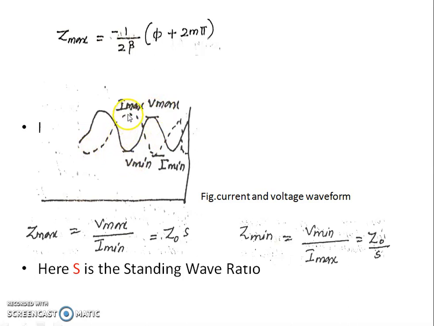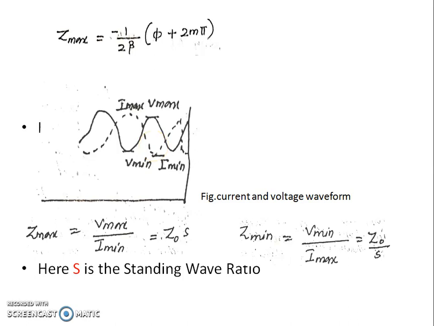In a similar way, this is the current waveform, and here it shows the maximum value, that is Imax, and here it shows the minimum value, I minimum. So from this figure, where Vmax occurs, at that point I minimum occurs. And where Imax occurs, at the corresponding point V minimum occurs.